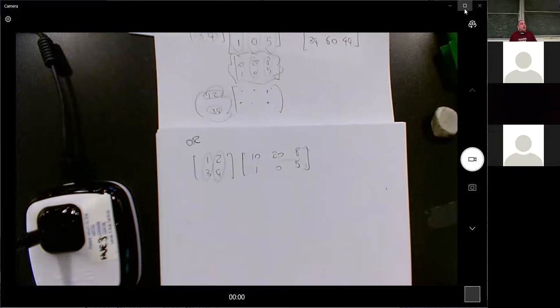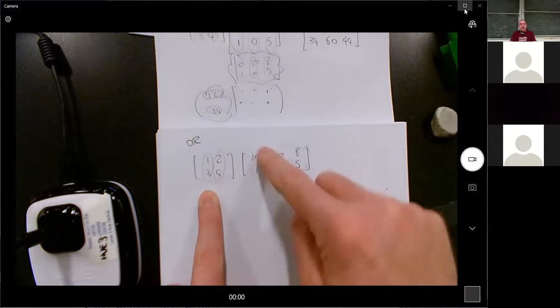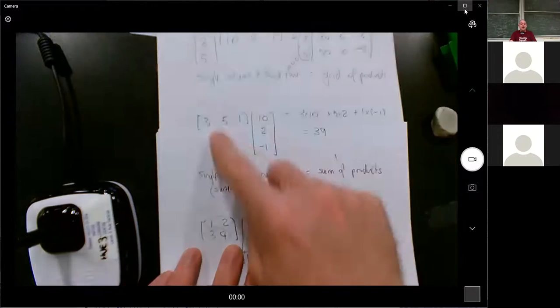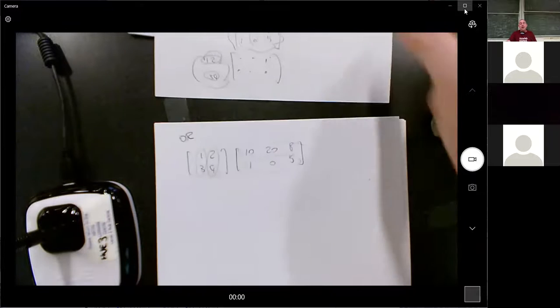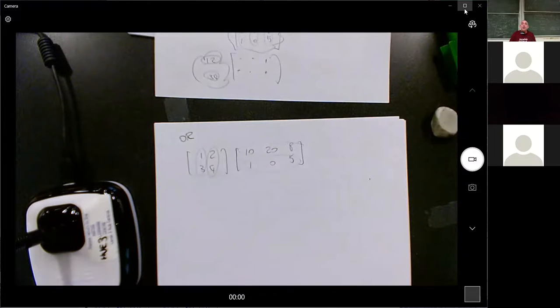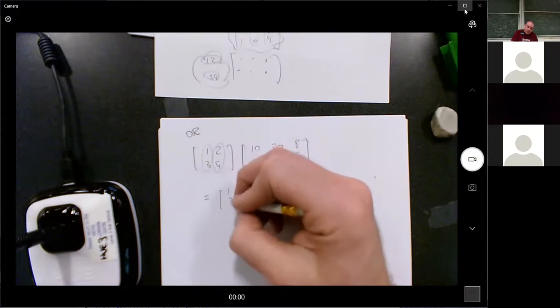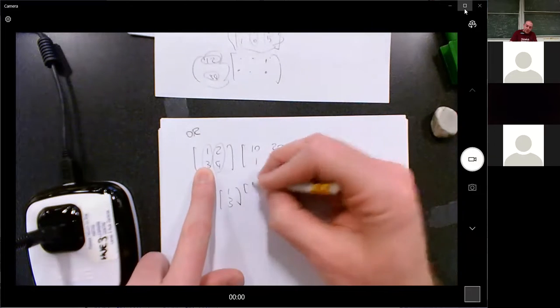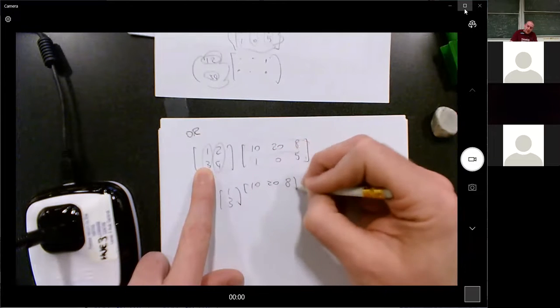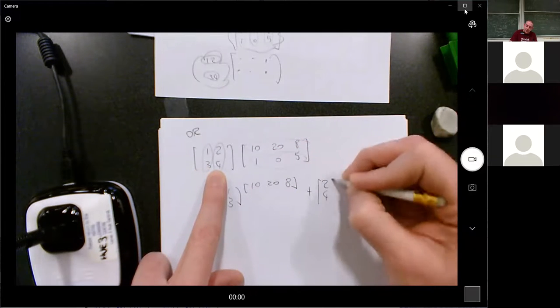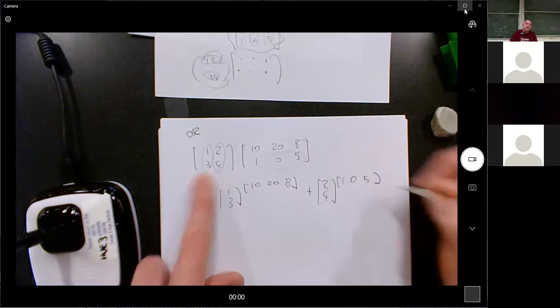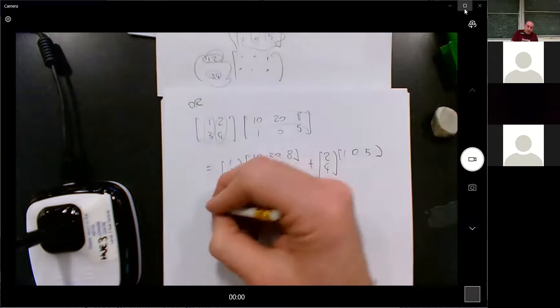Then I would be going along here and down here, just like I do with this. And so I will make a sum of products. I'm going to get 1, 3, to go with 10, 20, and 8, and 2, 4 to go with 1, 0, 5. And that would give me two grids.